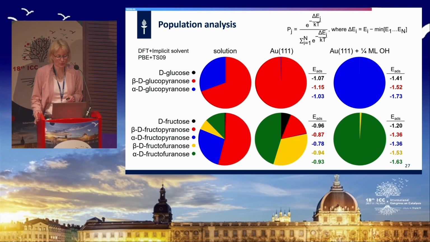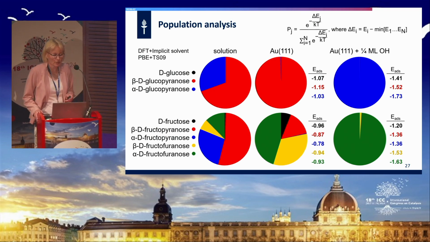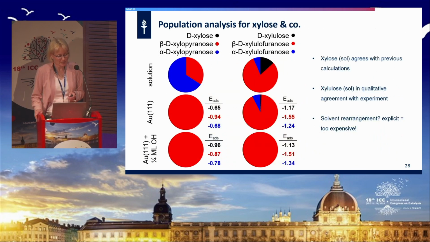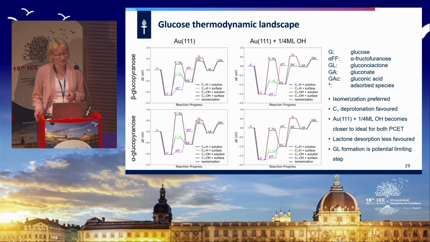Unfortunately, the fructose populations do not match the experimental ones. What we observe here is that the presence of the OH groups substantially stabilizes the species compared to the bare surface. You can see that it's about 0.2 to 0.4 eV more stable. So you can imagine that perhaps these OH groups already do something. Okay, I will skip the xylose because the story is more or less the same.